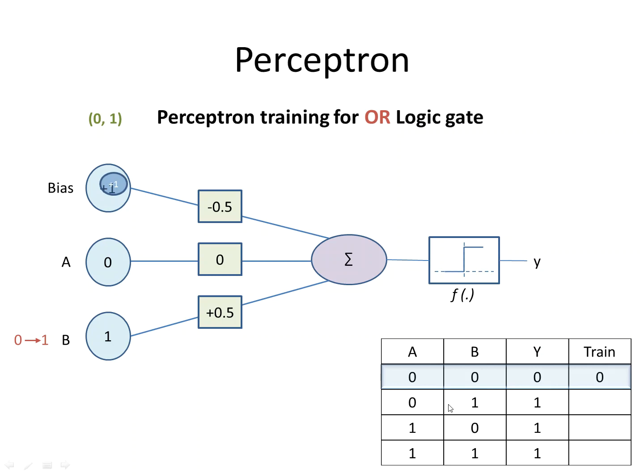Again, +1 multiplied by -0.5 gives -0.5 for the bias. The first input gives the output 0, and the second input gives the output 0.5. Further, the summation will take place and give me the output as 0. Passing through the threshold function, it will give me the output as 0. So this is not correct as per our requirement, so we will need to modify the weights.